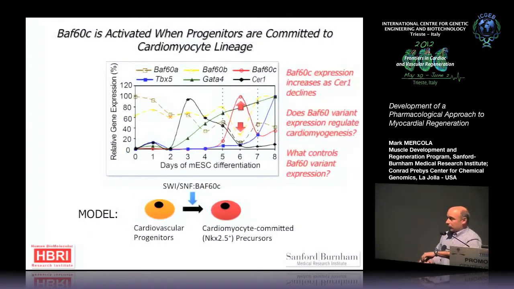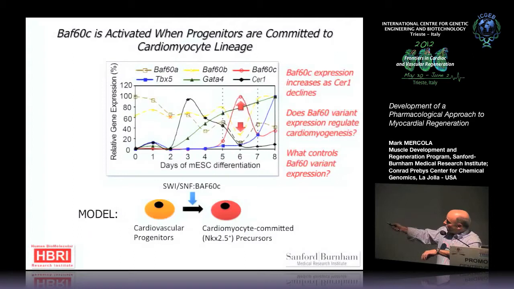And this spike here coincides with the time that multipotent progenitors become committed to the cardiomyocyte lineage, leading to this model that perhaps this complex is what says 'be a cardiomyocyte.'